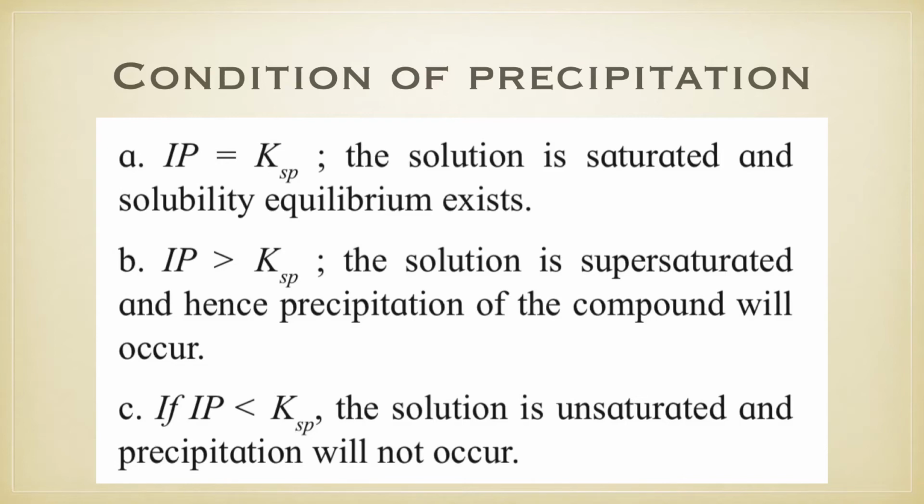Now just understand simply what these mean. For example, if I have a fixed quantity of water and I add a little bit of salt and it is getting dissolved, that means it is soluble. It is not yet a saturated solution. The point at which adding a little more makes it supersaturated is when it is said to be a saturated solution.